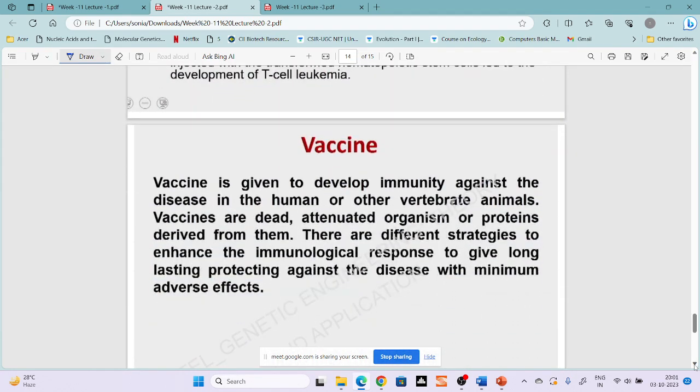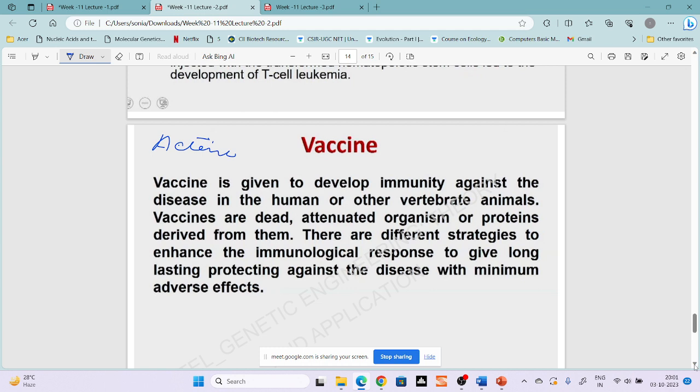Then we come to vaccines. So basically, what is a vaccine? There are two terms, can anybody tell me what is passive immunization, and the other one is active immunization?